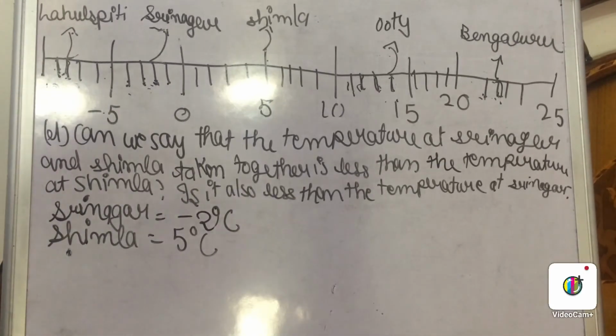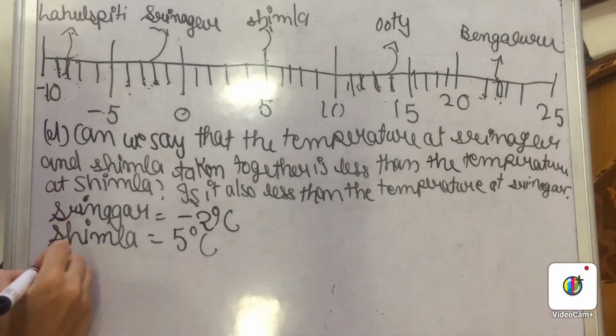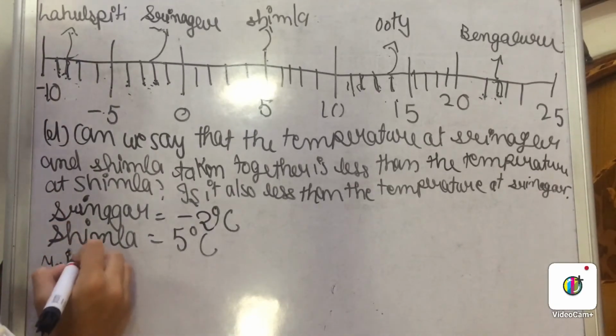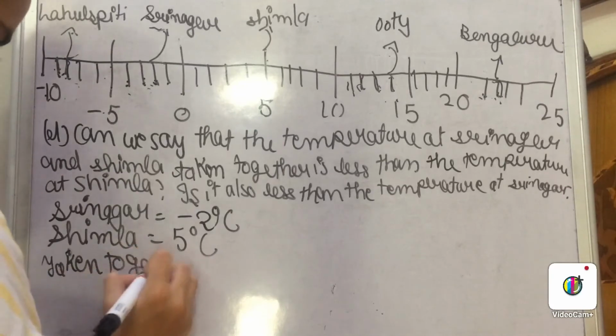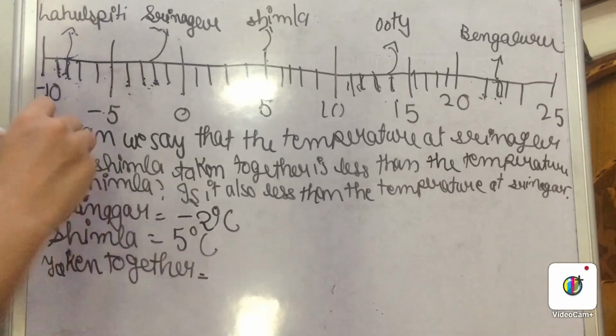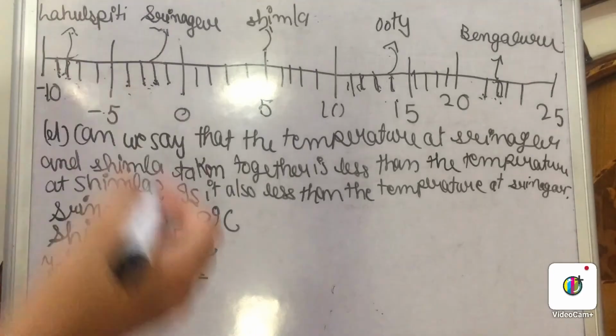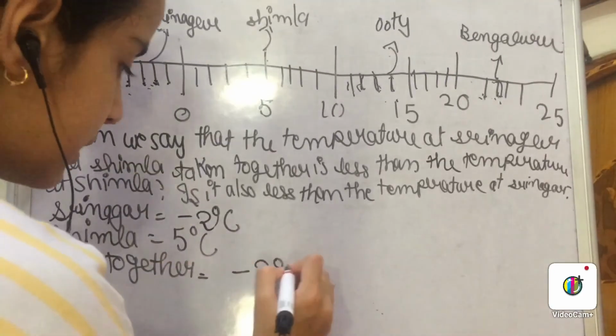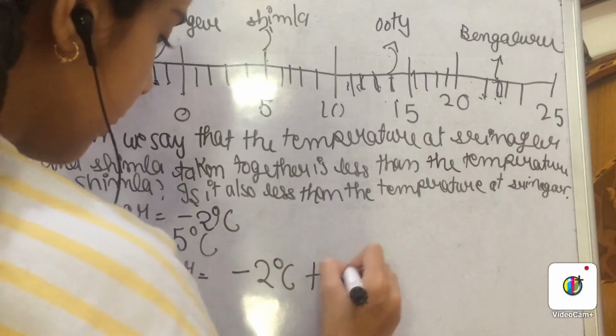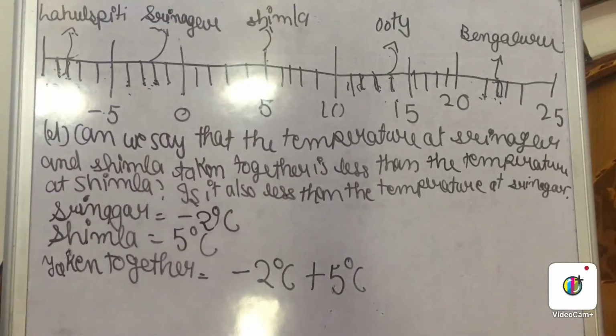To do this we will write here taken together. Taken together means if we add these two, we will write it as minus 2 degrees Celsius plus 5 degrees Celsius. So now how will we solve it?